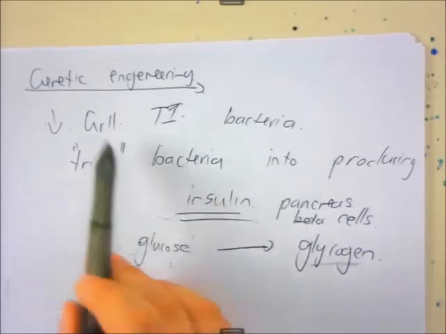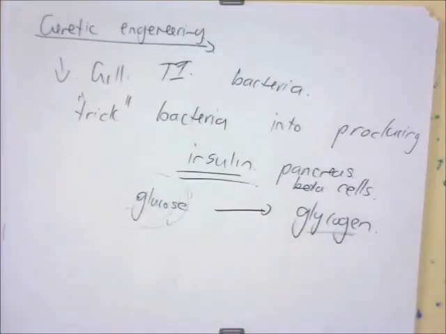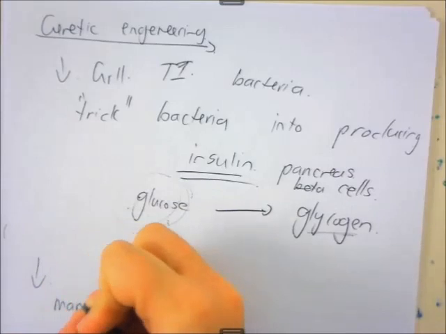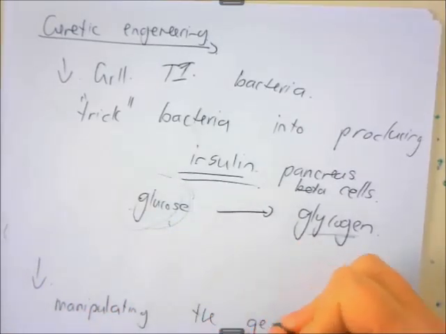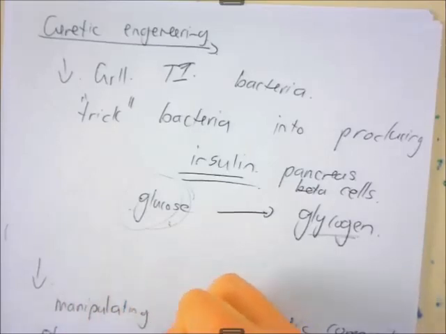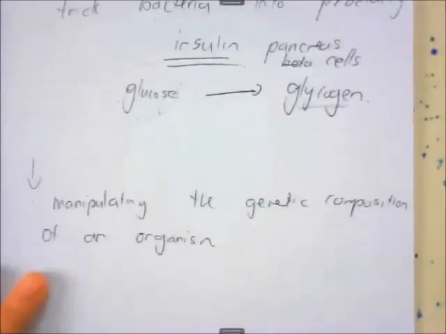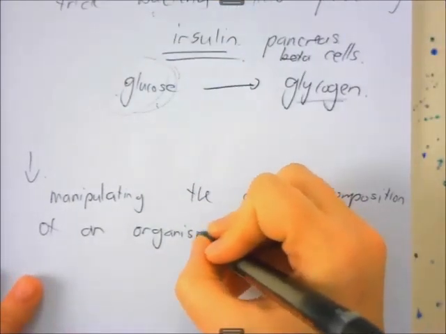So genetic engineering is something that we have looked at already. Again, something that is quite important is that we have to know what genetic engineering involves. So genetic engineering is manipulating the genetic composition of an organism, whether it's in this case bacteria, or whether it is plants, or anything that you look at.